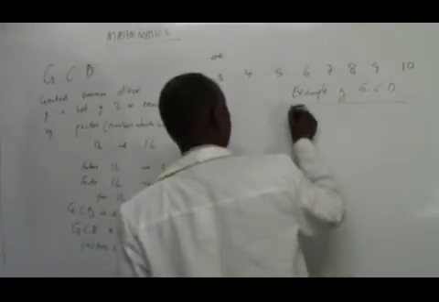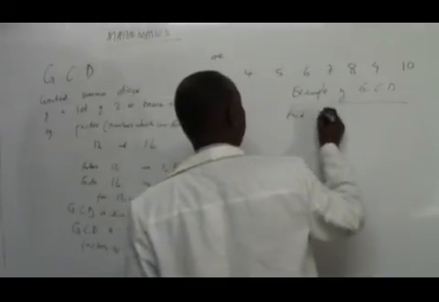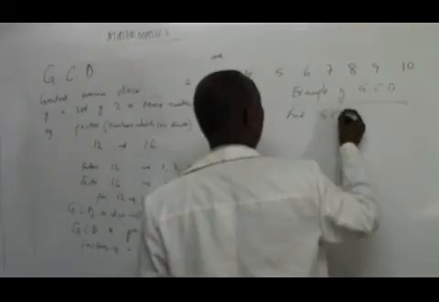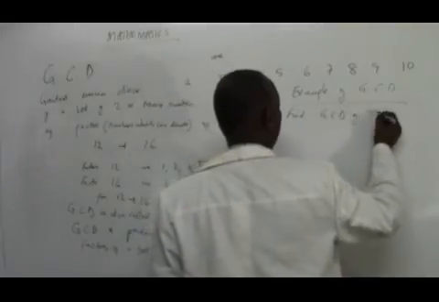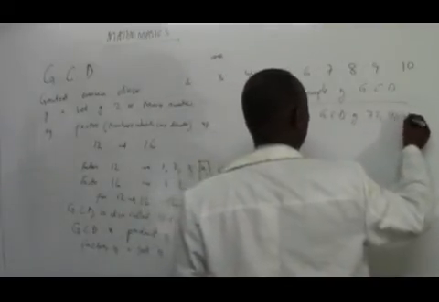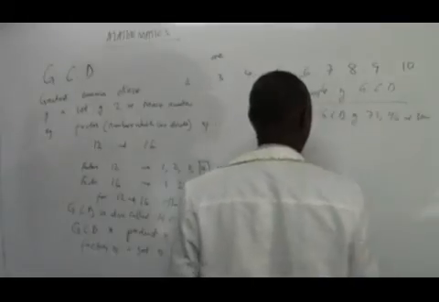We can be told to find the GCD of 72, 96, and 300.